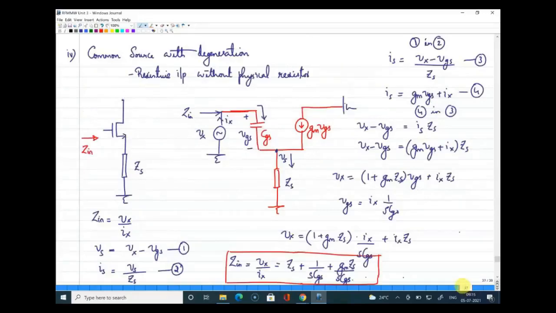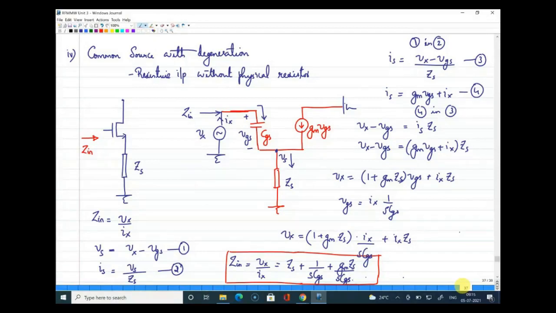Then we started with the common source with degeneration, because in the beginning when we discussed, we said that the whole idea of using a low noise amplifier is to add minimum noise to the system, because the circuit itself will add little noise to the system.